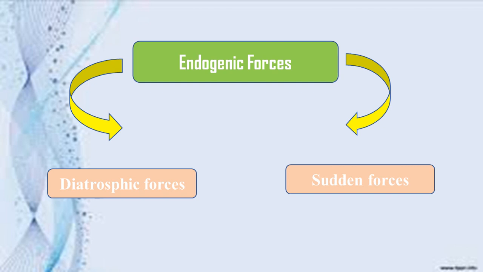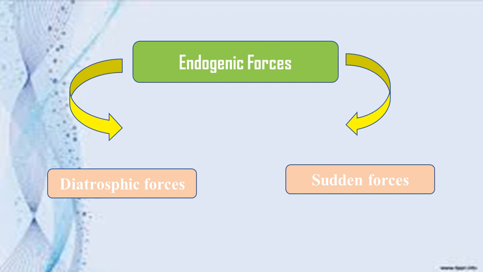All the processes that move, elevate or build portions of the earth's crust come under diastrophism. These are the slow and continuous movements of the earth due to the diastrophic forces. The formation of continents and ocean basins, and the formation of mountains are also caused by the tectonic movements. And the sudden forces, for example, earthquakes and volcanoes.